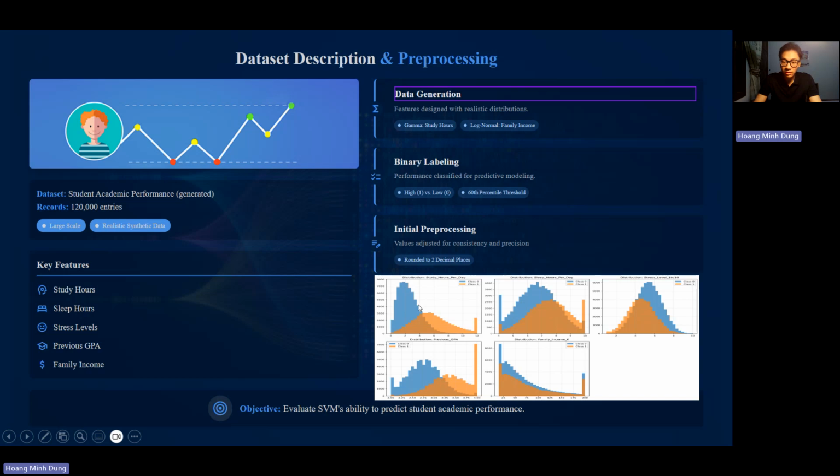Here are the distributions of the data sets from different features. In this slide it's quite small, you can see it clearly in my PDF file submitted on LMS.